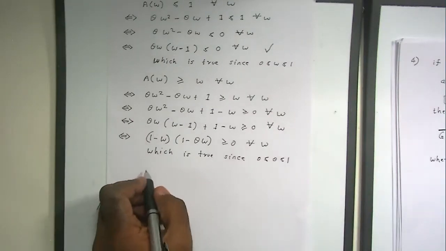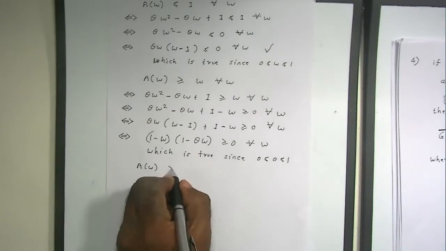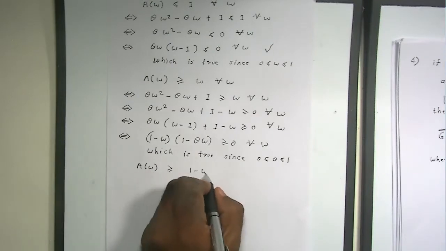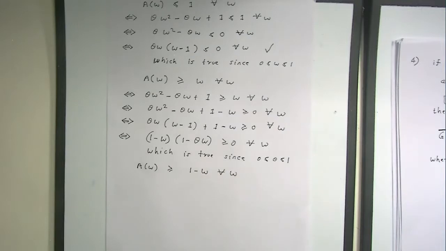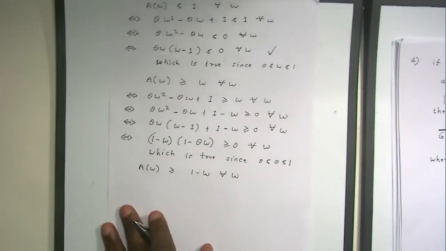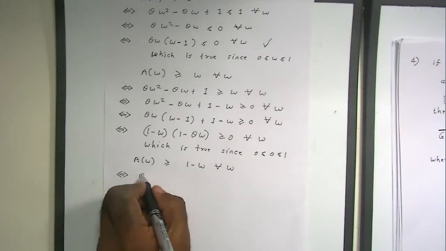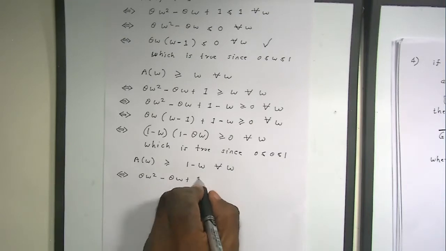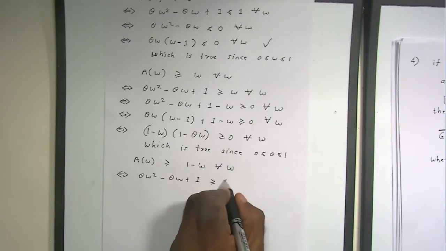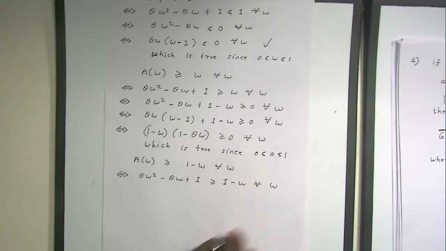The next one we need to prove is the following: we need to prove that A of omega is greater than or equal to 1 minus omega for all omega. To prove this, we do similar calculation. So this will be theta omega squared minus theta omega plus 1 greater than or equal to 1 minus omega for all omega.